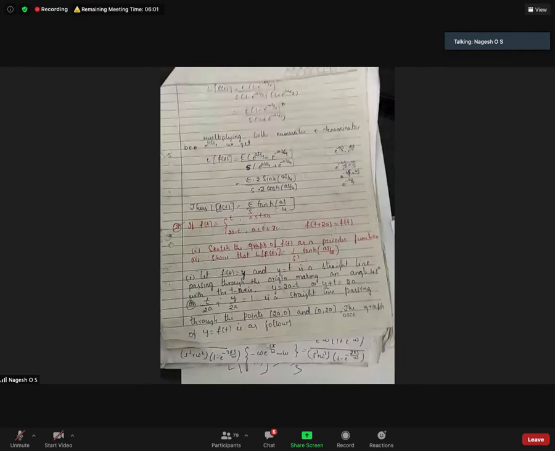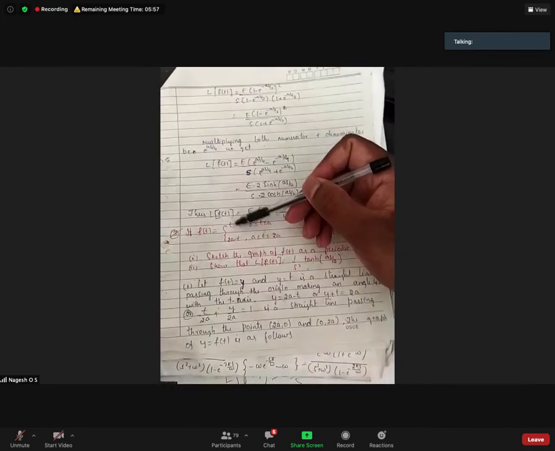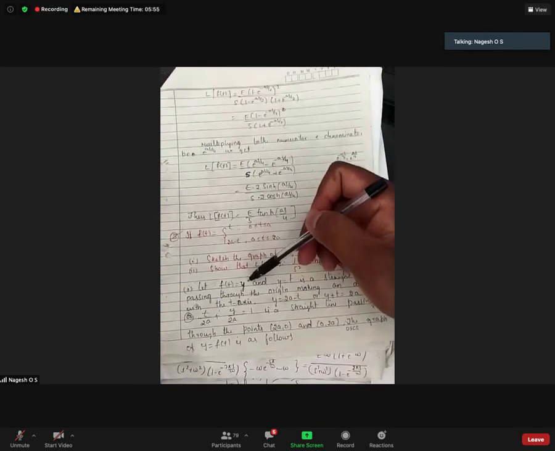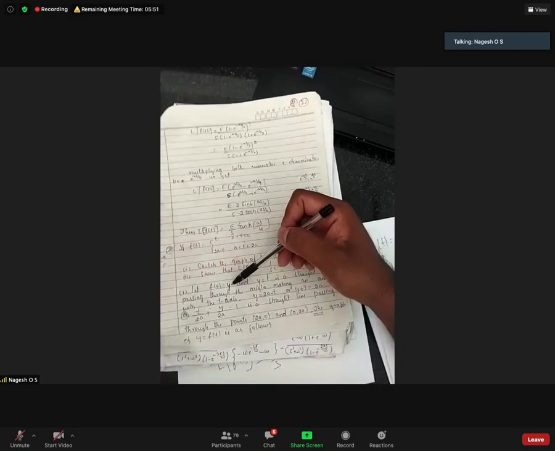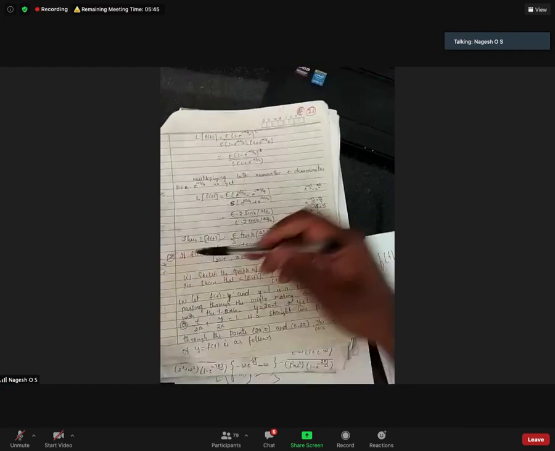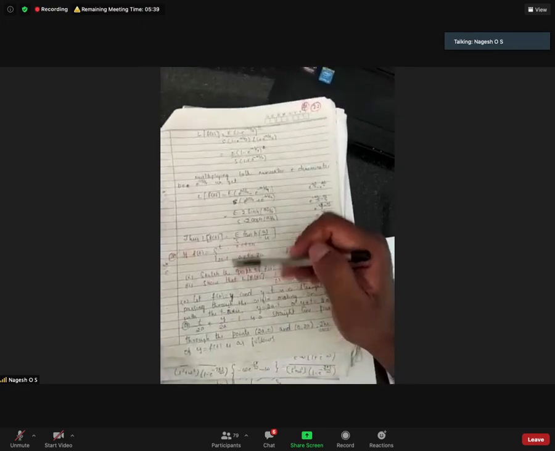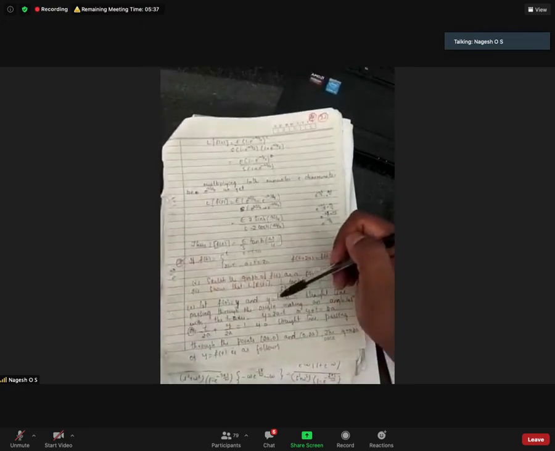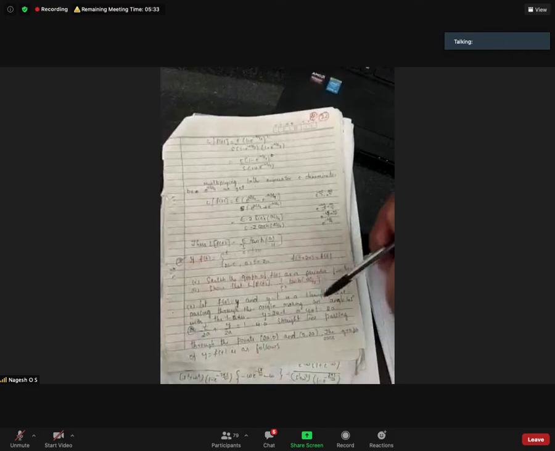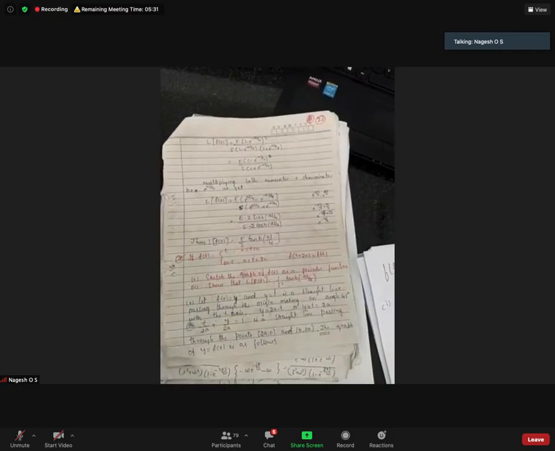So here t is there. Let f of t equal y. In case of f of t, I will take just y, just for representation. So y equals t is a straight line, correct? Y equals t is a straight line passing through the origin, making an angle of 45 degrees.